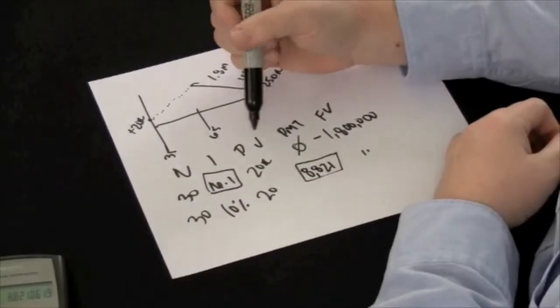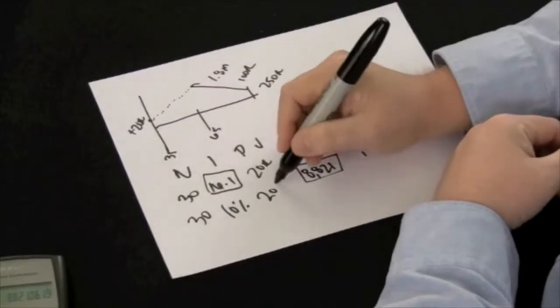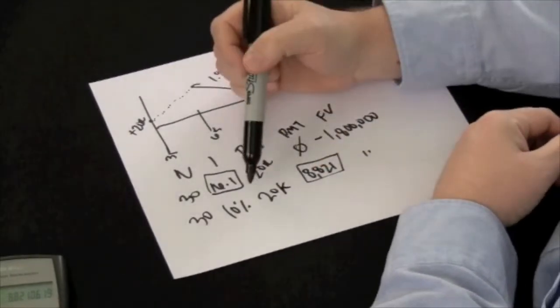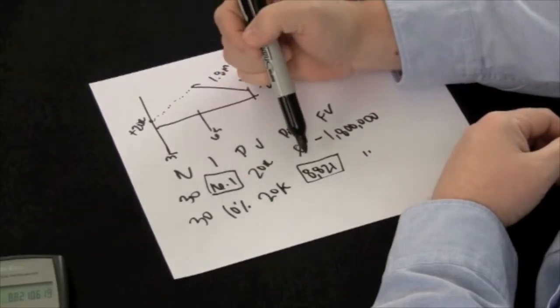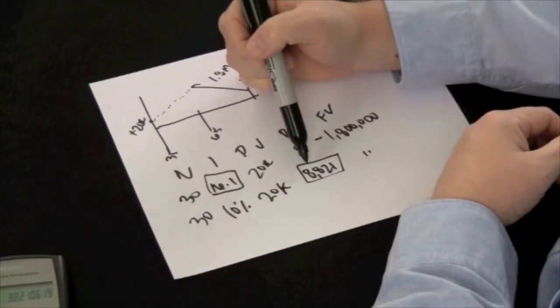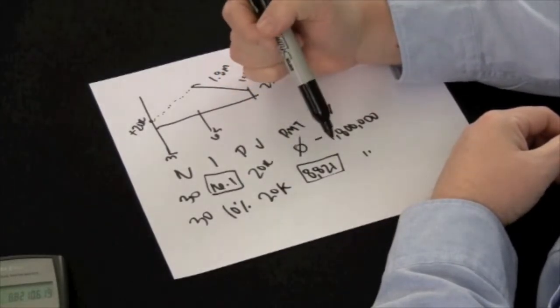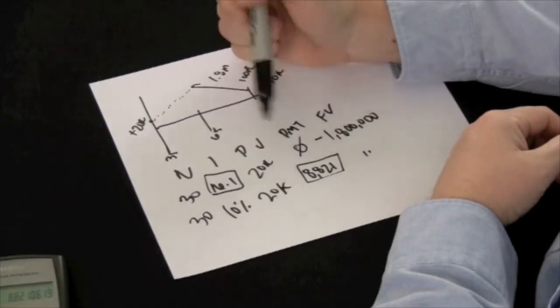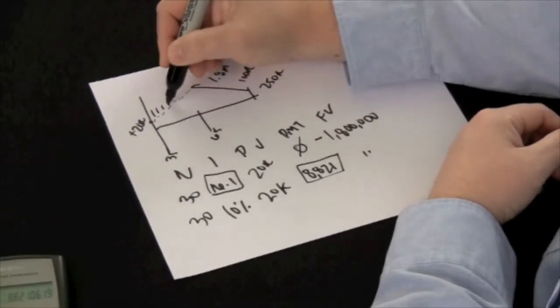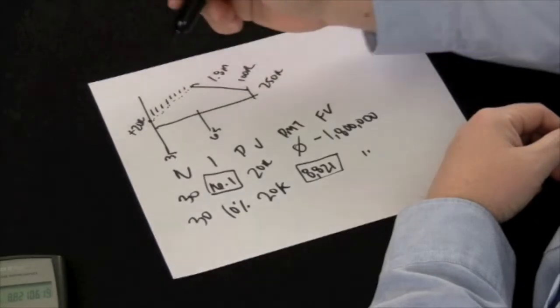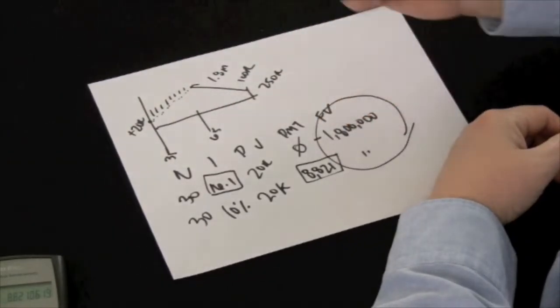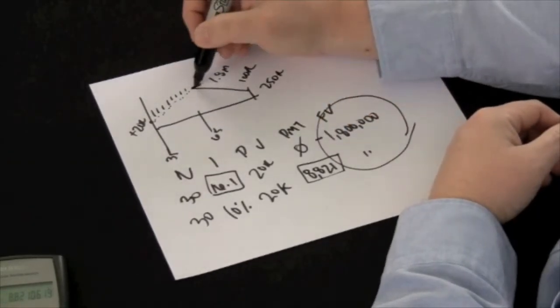So what this says is if we start with $20,000 today and we compound that at 10% and add $8,821 to our account every year going forward for 30 years, at the end of 30 years we end up with our $1.8 million retirement amount.